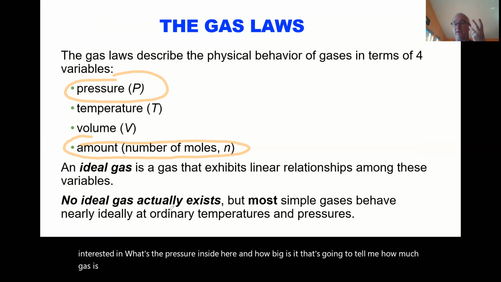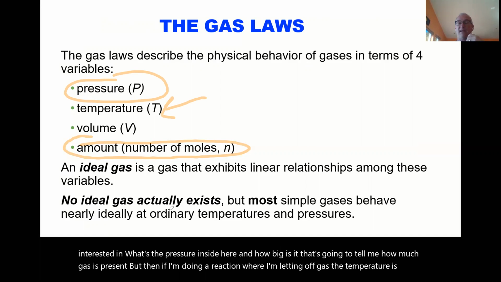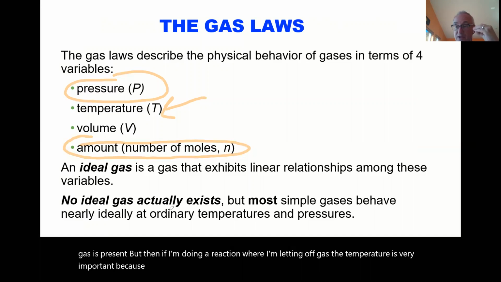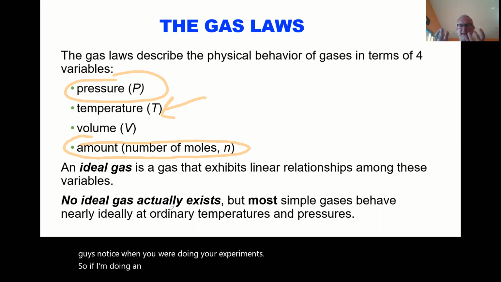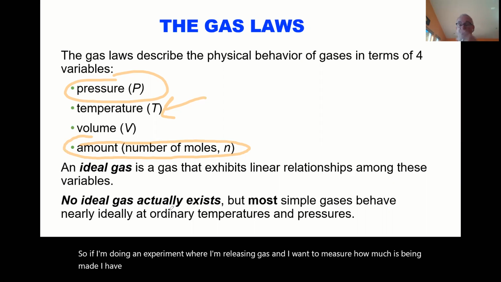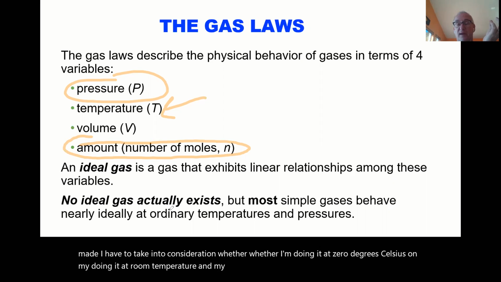But then if I'm doing a reaction where I'm letting off gas, the temperature is very important because the temperature is going to change both the pressure and the volume, as you guys noticed when you were doing your experiments. So if I'm doing an experiment releasing gas and I want to measure how much is being made, I have to take into consideration whether I'm doing it at 0 degrees Celsius, am I doing it at room temperature, am I boiling something?